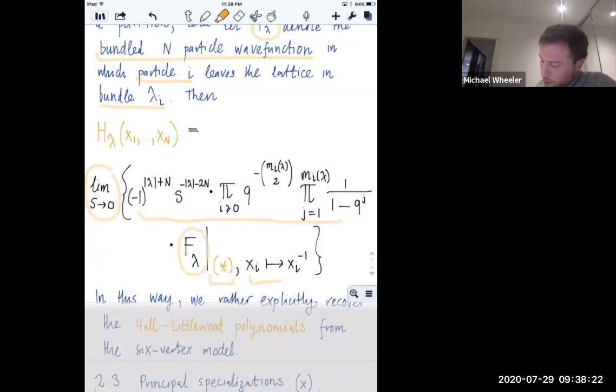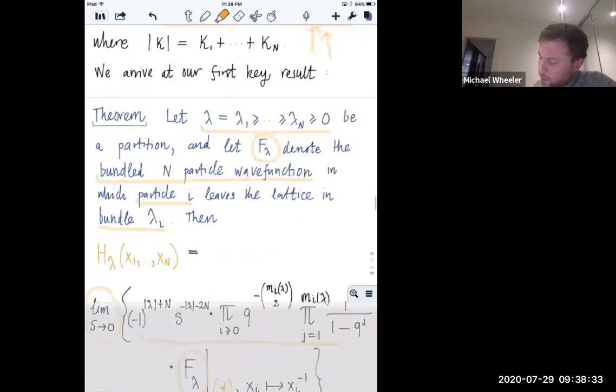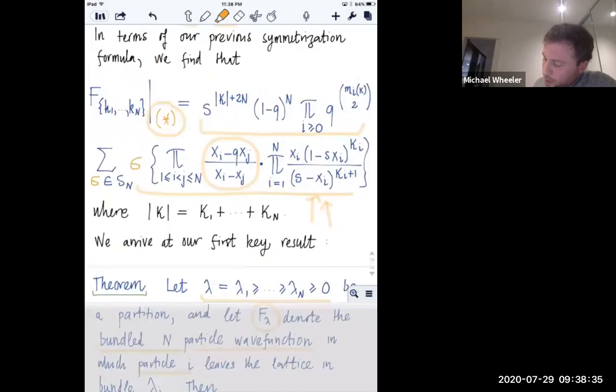There's also some reciprocation of the x variables that needs to happen. If I do all of this, then I will get the Hall-Littlewood polynomials. You can see how it's going to work just by looking at this formula here. Really, the only thing that we're trying to do is to turn that product there into the x_i to the lambda_i that we expect in Hall-Littlewood polynomials. So that's the substantive part of the computation.